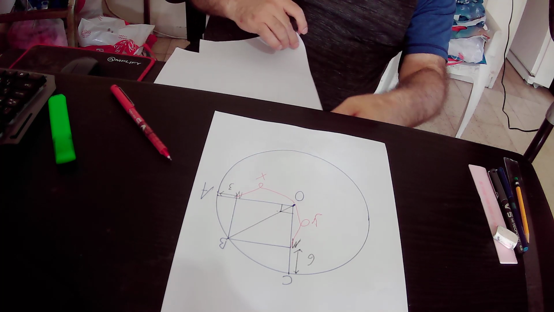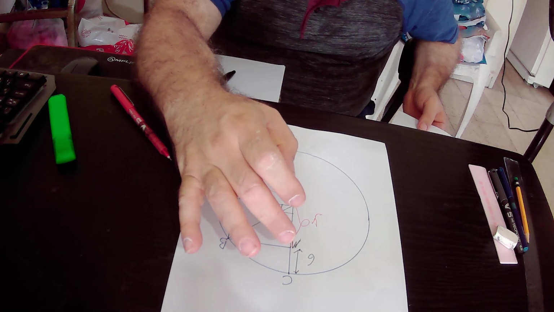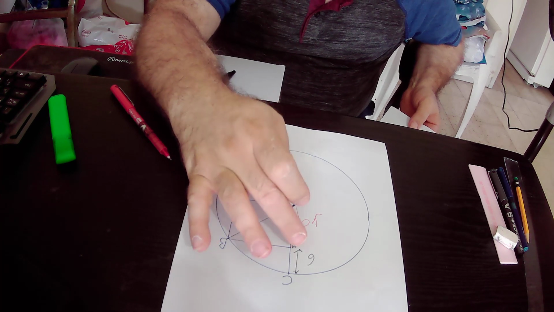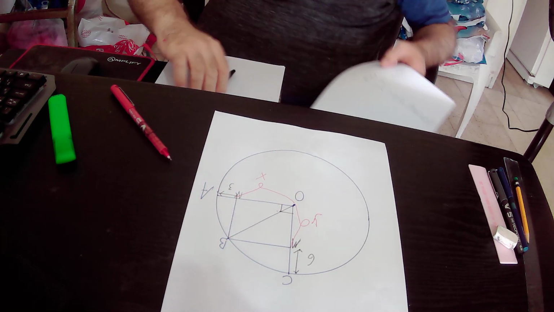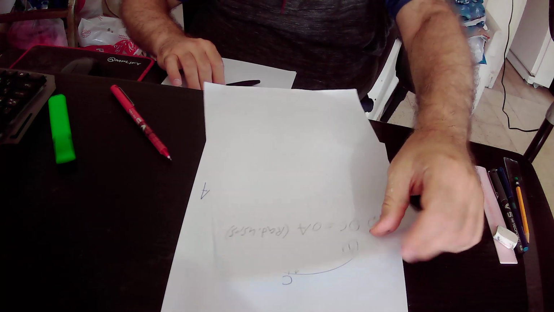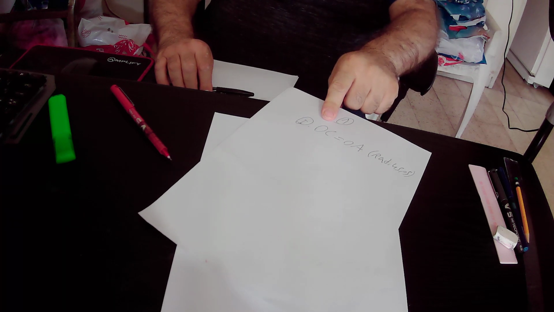But actually line segment OC is the radius of this circle, but it is also equal to Y plus 6. Line segment OC equals Y plus 6. So we can substitute OC by Y plus 6.